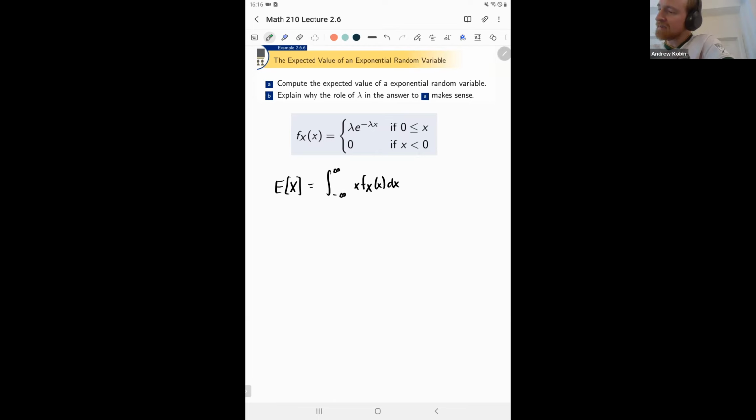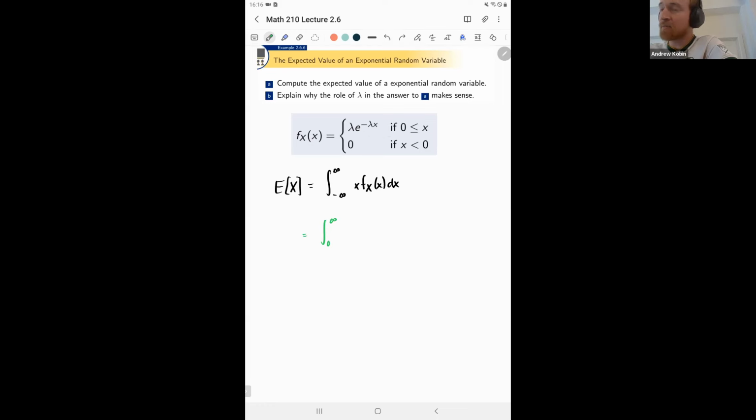Notice that when x is less than 0, all of these values are 0, so the entire integrand is 0. So we can really just focus on integrating from 0 up to infinity. But unlike a previous example where we stopped at 3, we actually have to go all the way up to infinity.